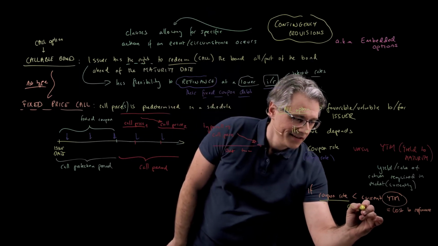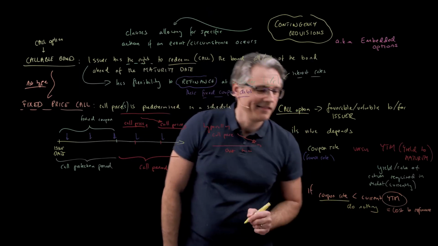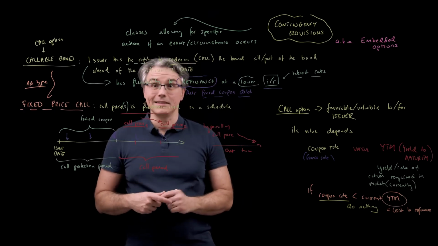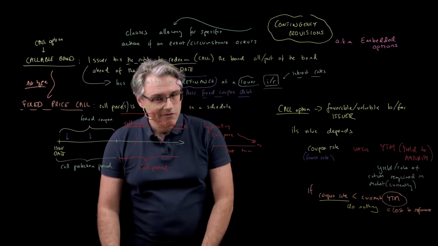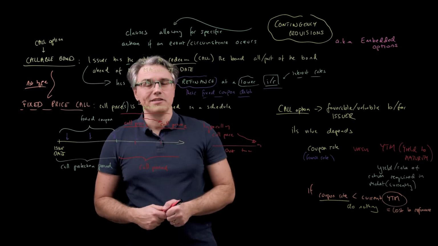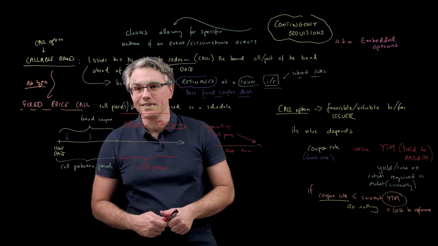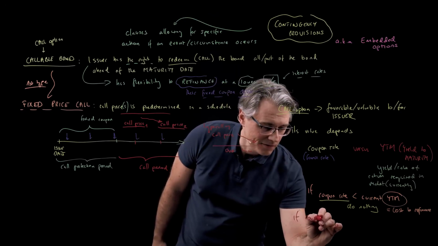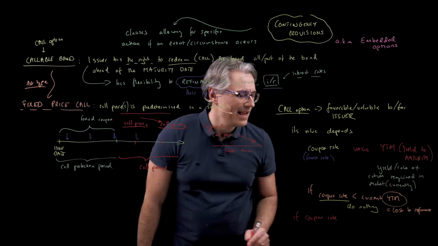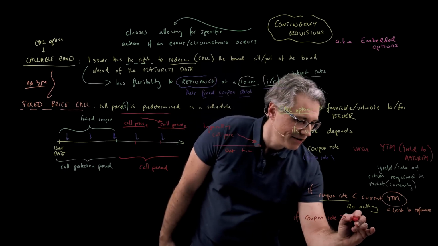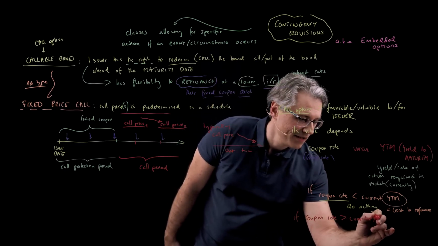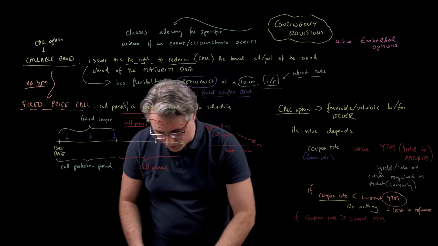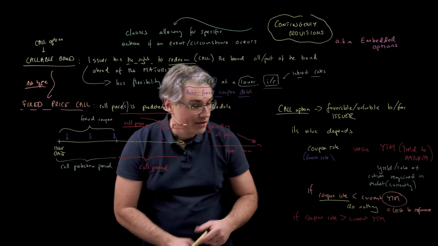Don't be naive. Don't buy these bonds back, don't redeem them because you're paying a lower rate. However, if the coupon rate on the bonds you've already issued is higher than current YTM, then absolutely do go ahead and call the bond.